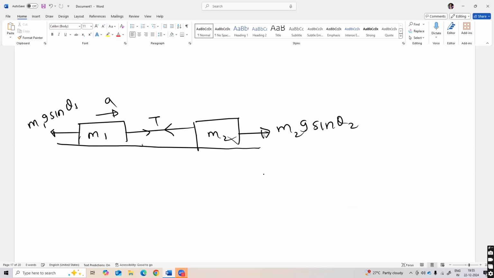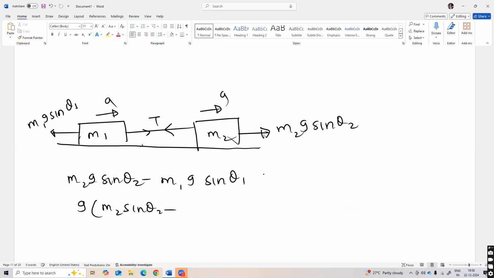So in this case, net force, if we have to find out, it is m2 g sin theta 2 minus m1 g sin theta 1, and basically, if we take g constant, it is g(m2 sin theta 2 minus m1 sin theta 1), and net mass is m1 plus m2.